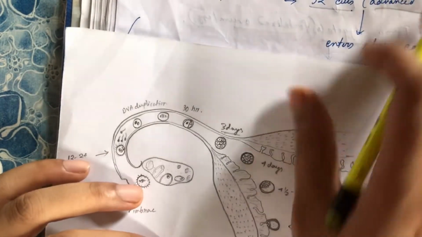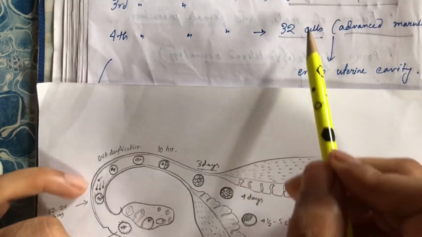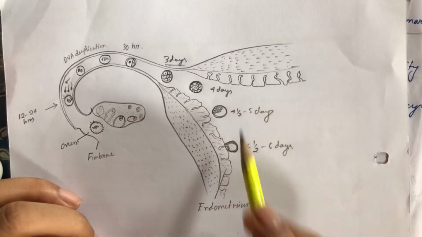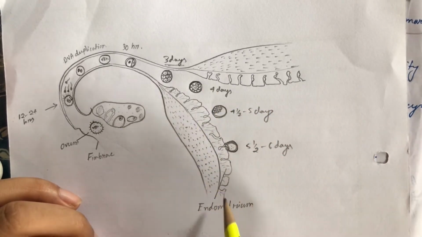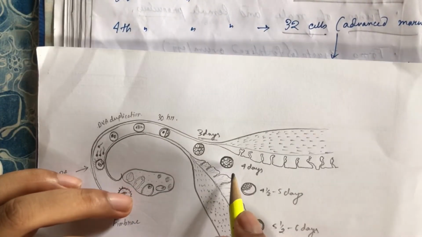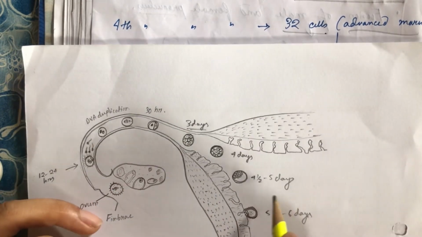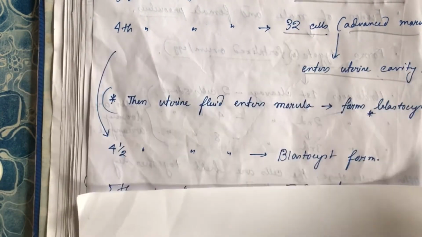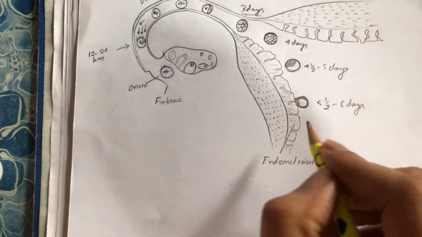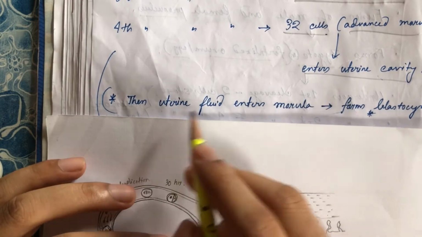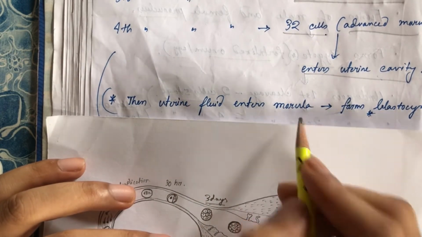This 32 cell ball will enter into the uterine cavity. This is the uterine cavity, and this is the endometrium. So this advanced morula will enter the uterine cavity, and then it will implant, we will see later. After that, uterine fluid enters the morula.